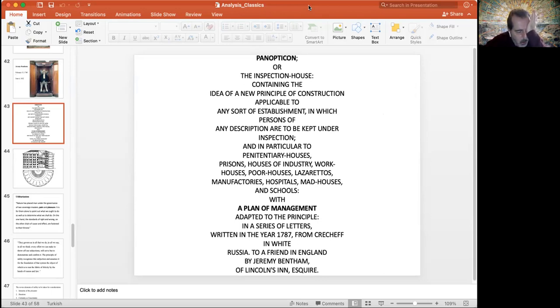Adam Smith's book is also the Inquiry into the Nature and the Causes of the Wealth of Nations, but for short we use The Wealth of Nations. And this panopticon is about prison.